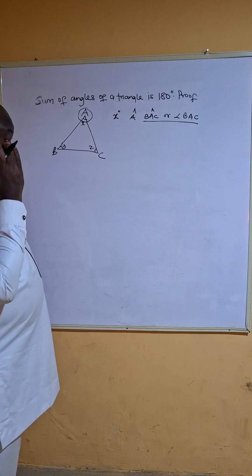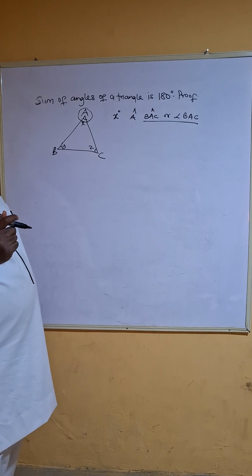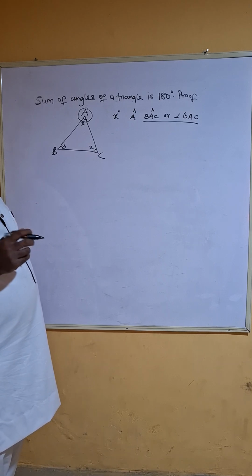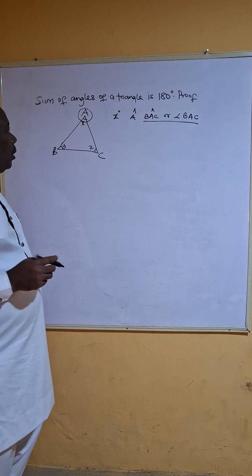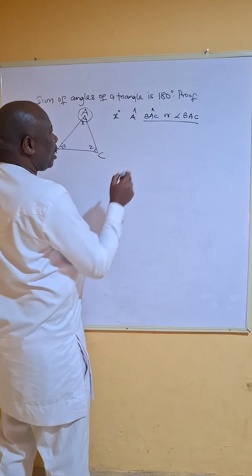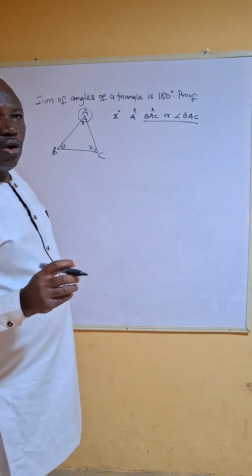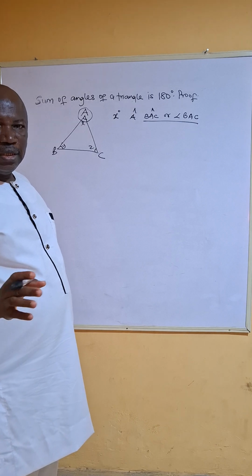Then another thing that we want us to look at before we come to the proof is what we call angles on a plane.